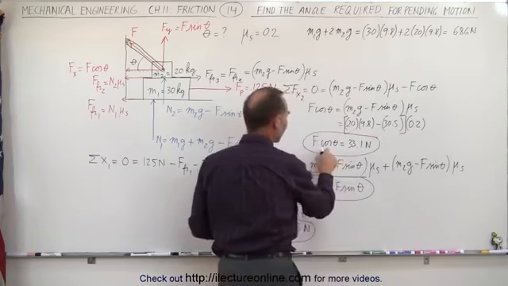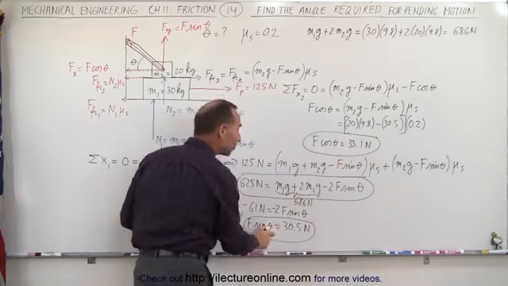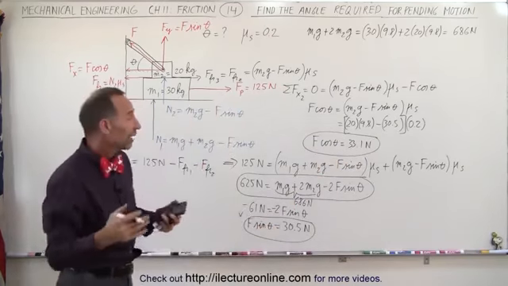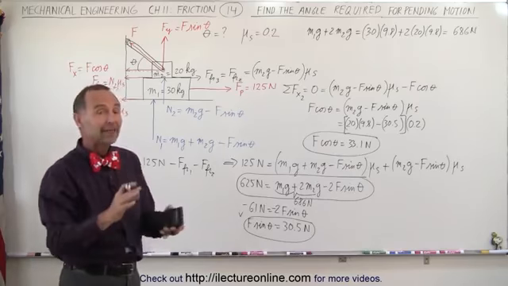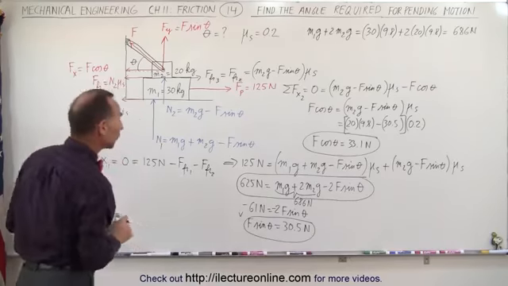So I have the f cosine theta, I have f sine theta, and so when I divide one by the other, I can eliminate f and solve for the angle theta.